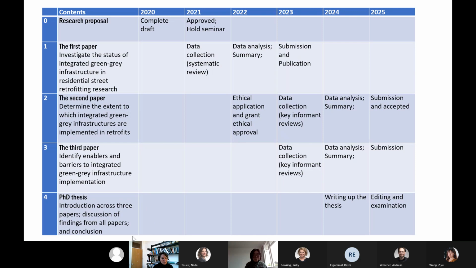The final thesis will include an introduction across all 3 papers, a discussion of findings from all papers, and an overall conclusion. Because I'm doing a part-time study, the process is very likely to take 6 years.